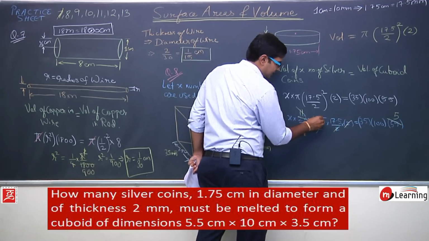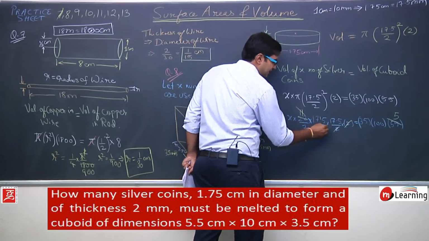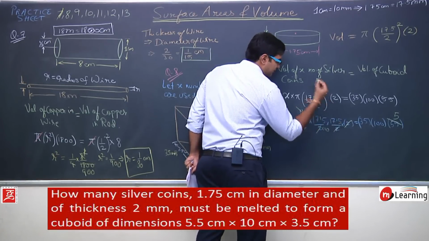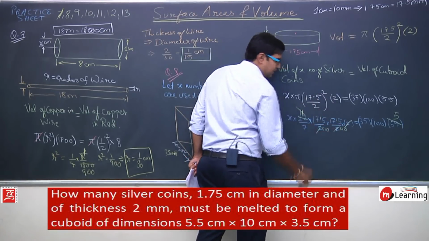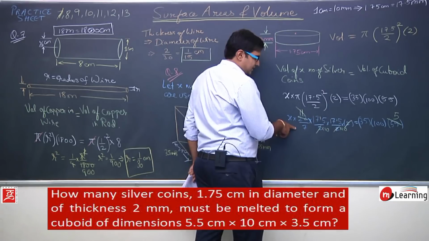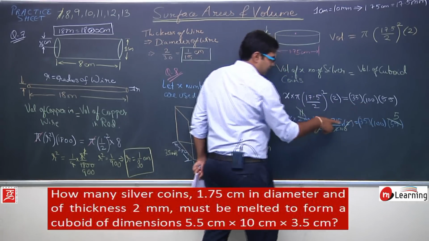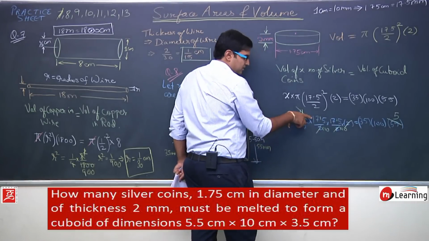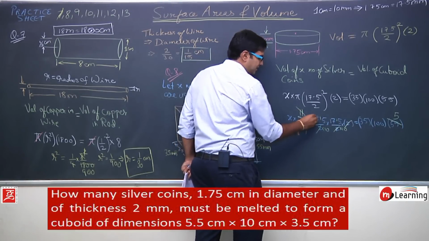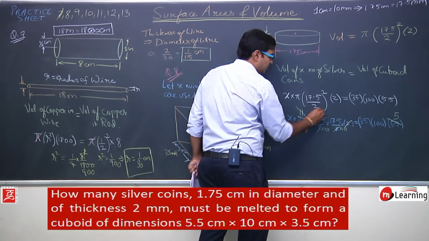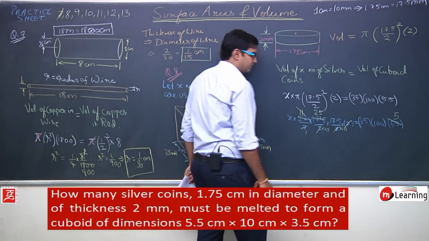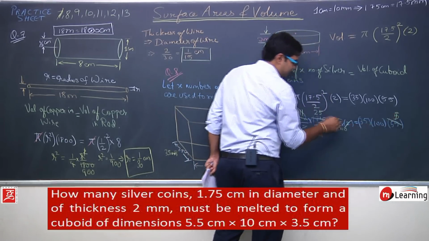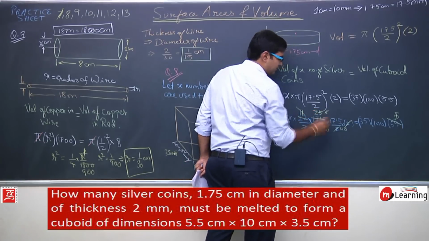So what I can do is I can remove this decimal and I will get 10 in the denominator, and again I will remove the decimal and get 10 in the denominator. So I can see that this is the 5 and this is a 7. This is 175. So 7 ones are 7 and 7 25 times is 175. Then 5 ones are 5 and 5 5s are 25.